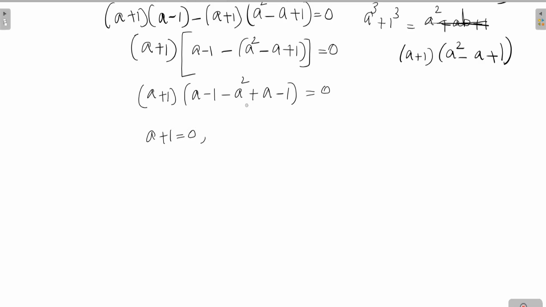The second factor, let us rearrange: minus a square plus 2a minus 2 equal to 0. By multiplying minus 1 on both sides of this second factor, we can remove the negative from the first term. So it is going to be a square minus 2a plus 2 equal to 0.